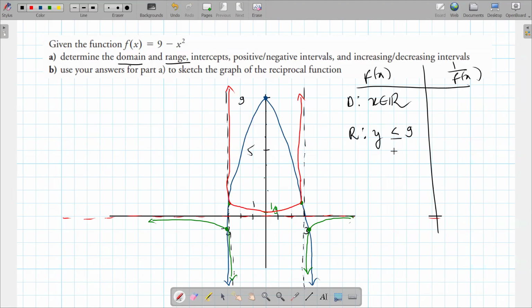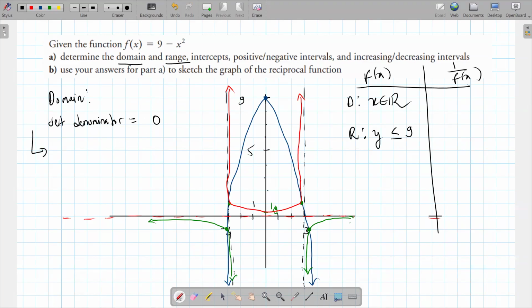What's the domain of 1 over f of x? Yes. So when we're talking about domain, it doesn't really apply to this, but what you do is you set the denominator equal to 0, okay?